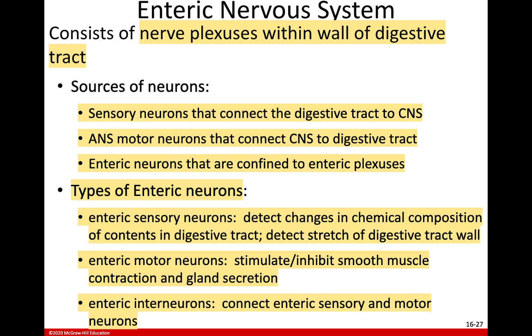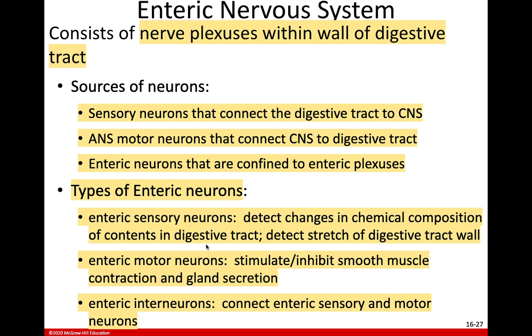Some of the neurons are sensory neurons that are connecting specifically our digestive tract to our central nervous system. Others are autonomic motor neurons that connect our central nervous system to the digestive tract. And then there are specific enteric neurons that are only found in these enteric nerve plexuses.